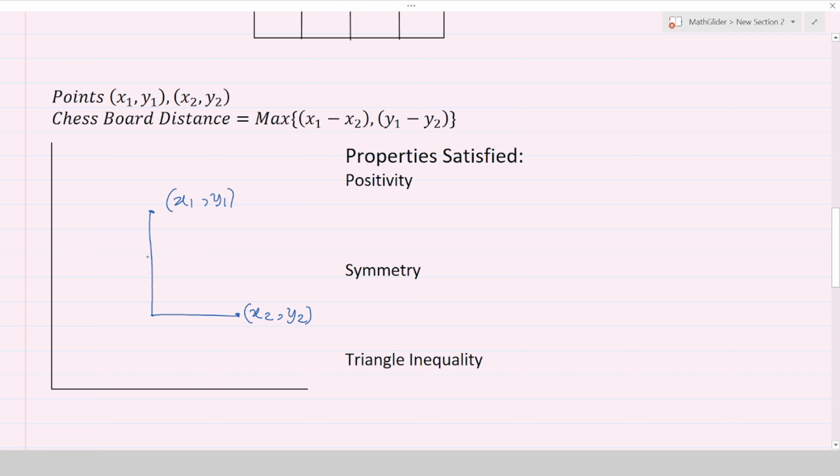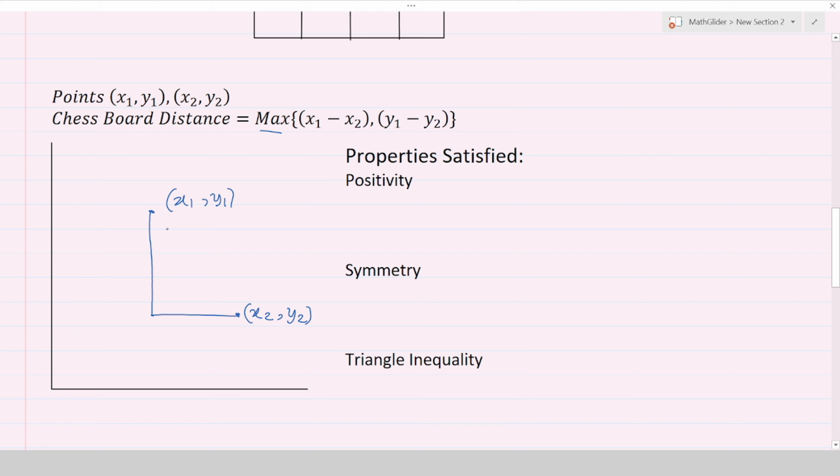But now you will choose the maximum distance between x1 minus x2, you take this line, and y1 minus y2, you take the distance of this line, and you choose the maximum of the two to be the distance between these. Do you understand?